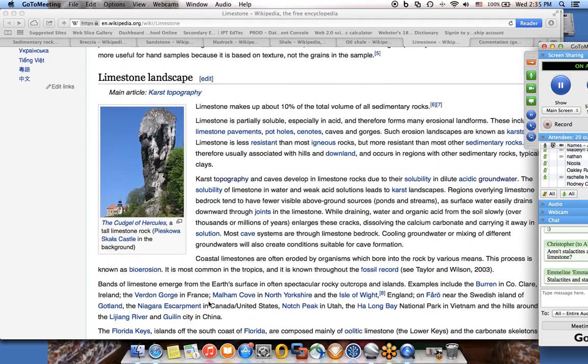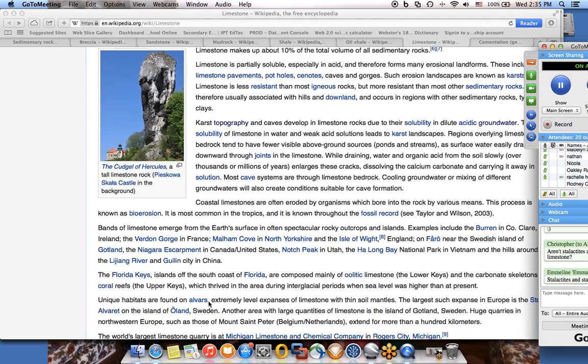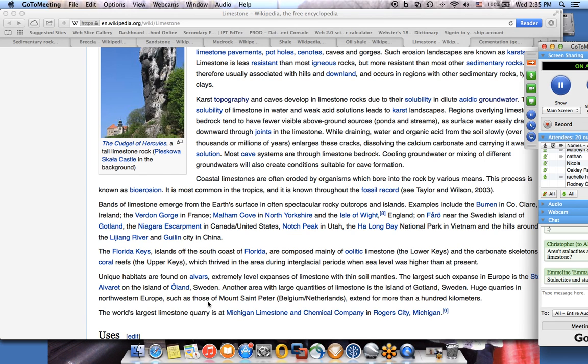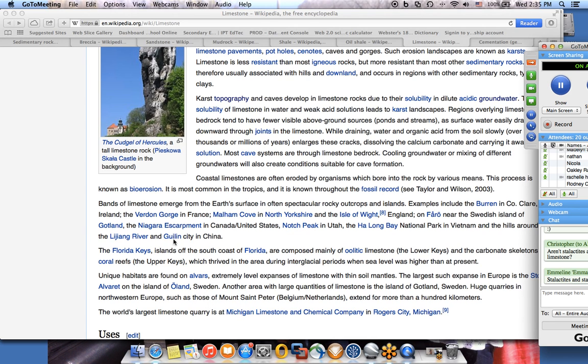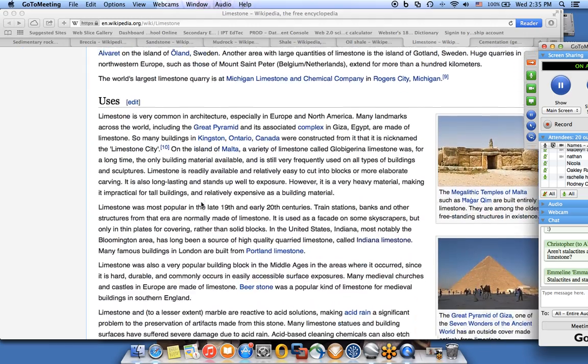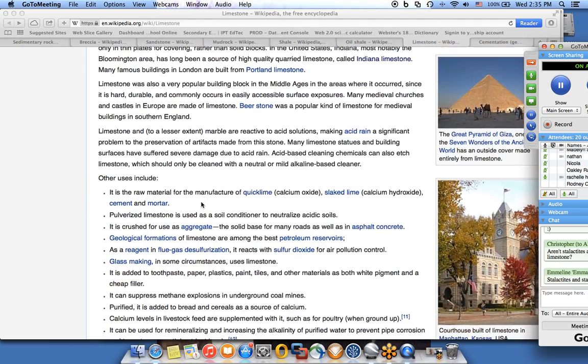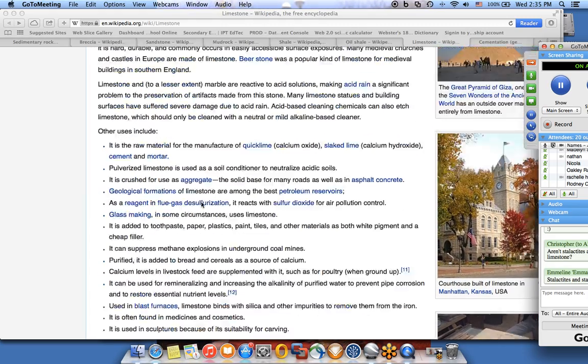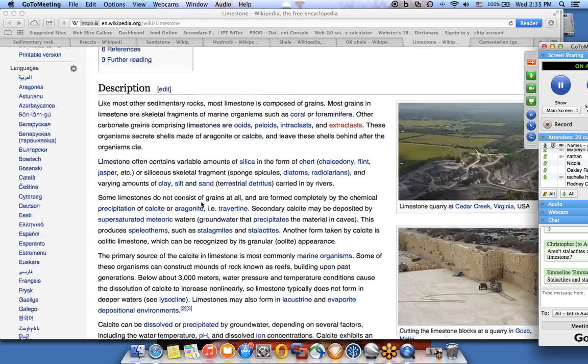And I found important information about where to find limestone. You can read this in detail, but it also explains that limestone is used as a building material, but it's also in caves.